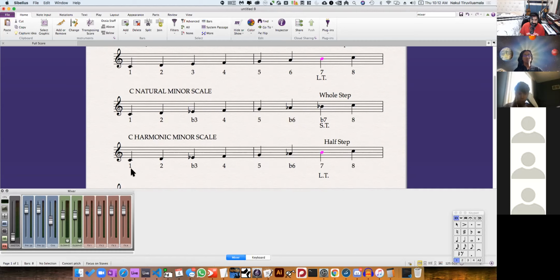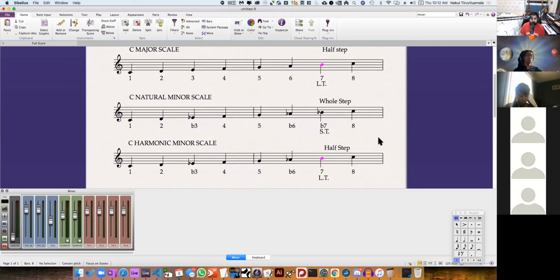So in relation to the major scale, a harmonic minor scale has a flat 3 and a flat 6. In relation to a major scale, a natural minor scale has a flat 3, a flat 6, and a flat 7. So if the 7 is the same scale degree as in the major scale, it's called the leading tone.